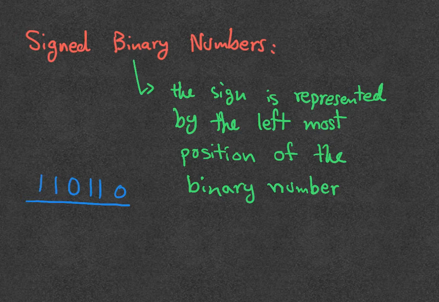If you have a signed binary number, the leftmost bit is going to be your sign, and the rest of the bits are going to represent your number.